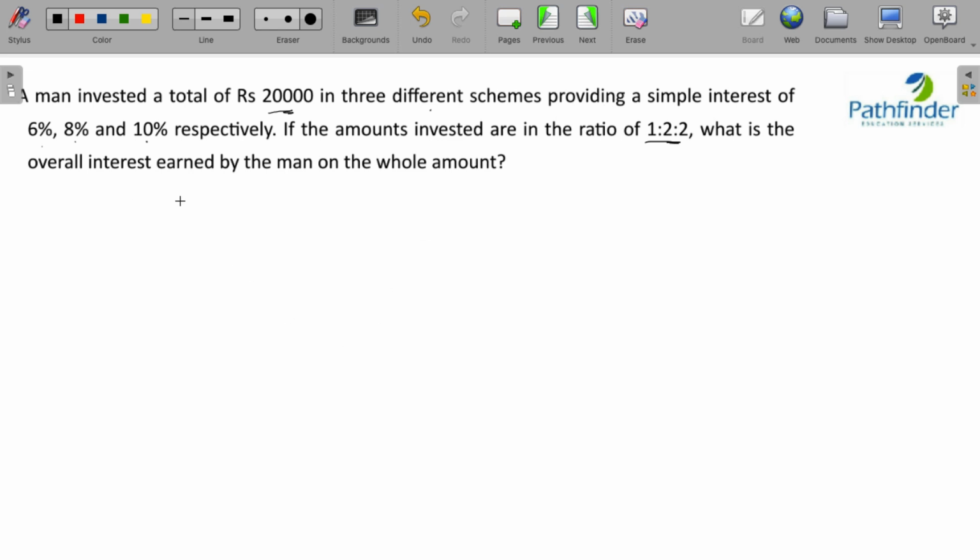So remember, the total earning must be equal to earning on scheme 1, which I call E1, plus earning on scheme 2, which I call E2, plus scheme 3 has 10% interest. So the total earning will be E1 plus E2 plus E3.